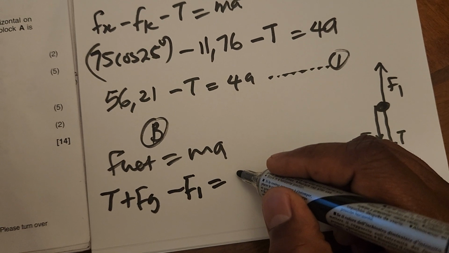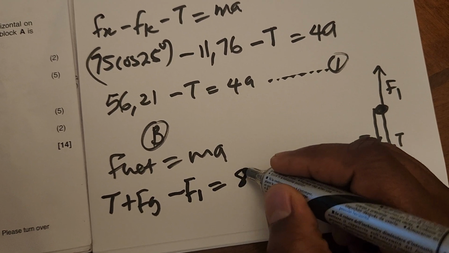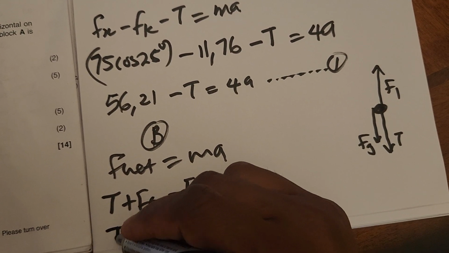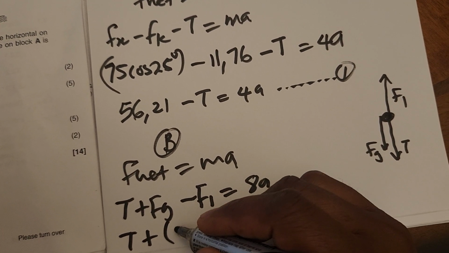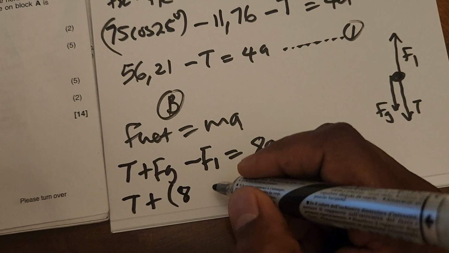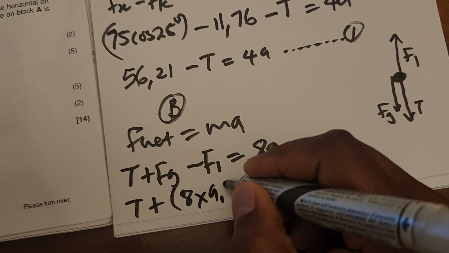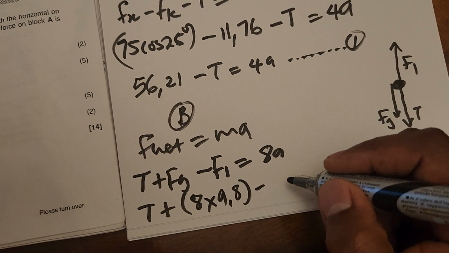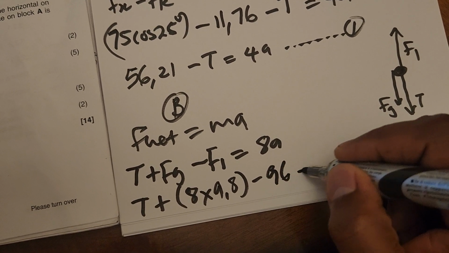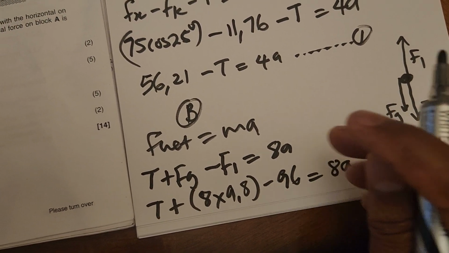And then this will be your 8A: tension plus the weight, which is mass multiplied by 9.8, and then minus F1, which is 96, equals 8A.